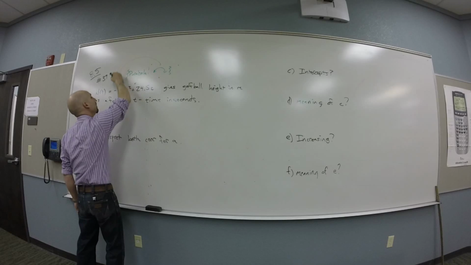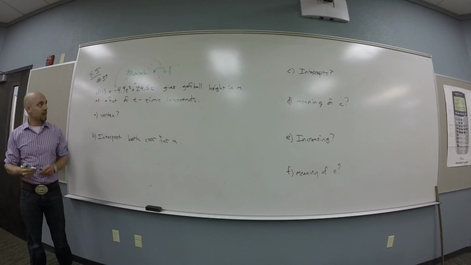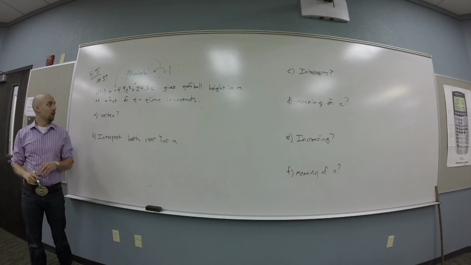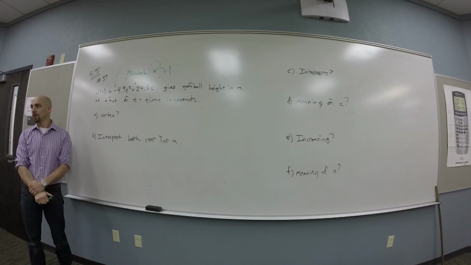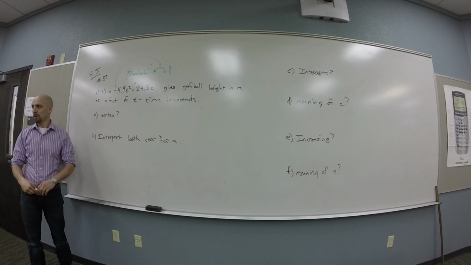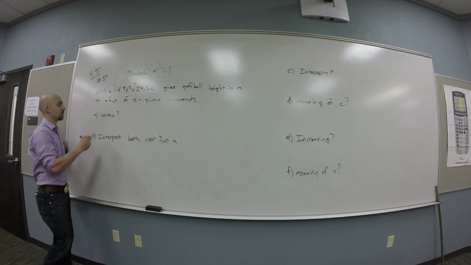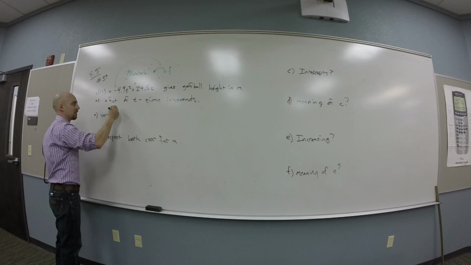Okay, so I know it's a parabola. I know it's pointed down. They want to know about the vertex, right? So where's the vertex of a parabola? It's the very top.